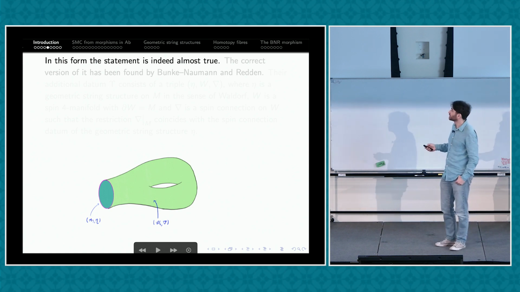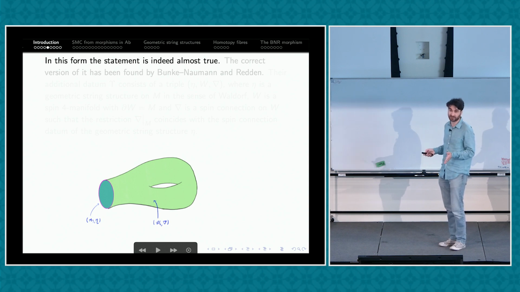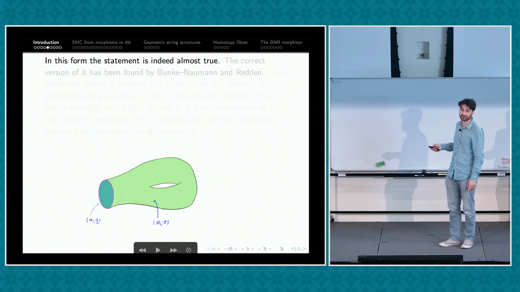So can we always make this? Yes, because if I look at my spin string three-manifold as a spin three-manifold, then it's an element in the spin three-dimensional bordism, and that bordism group is trivial. So this green 4-manifold always exists.